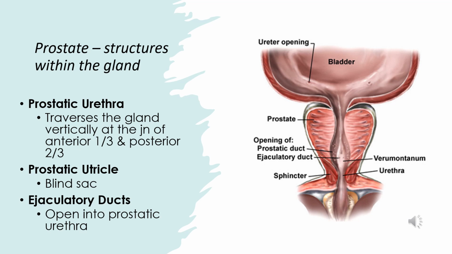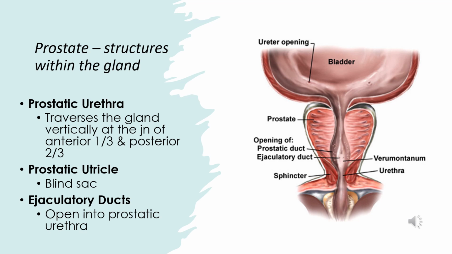The prostatic urethra traverses vertically downwards through the gland at the junction of the anterior 1/3 and posterior 2/3 and opens on the anterior surface just above the apex. So the most important structure which is present within the prostate gland is the prostatic part of urethra. The prostatic part of the urethra passes vertically downwards through the gland, lying at the junction of the anterior 1/3 and the posterior 2/3.